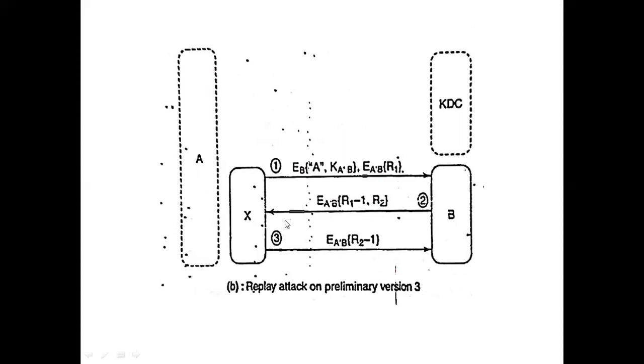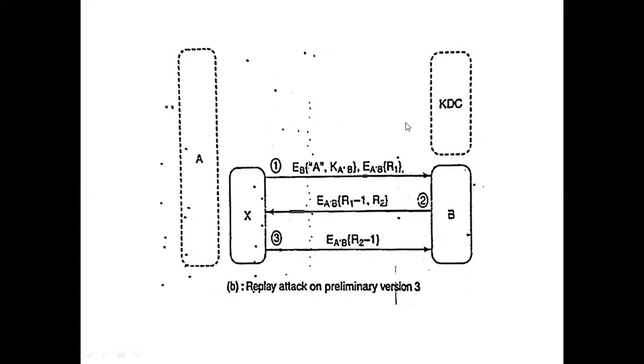Here also it will record the previous session, such as when it attempts to steal A's password, a long-term key. Assume again that A suspects the compromise of his password and promptly reports this to the KDC.